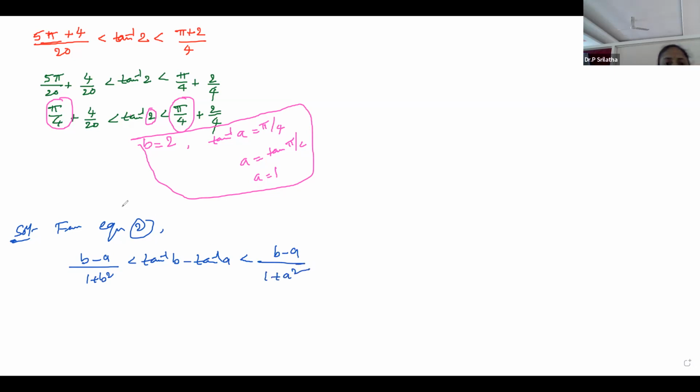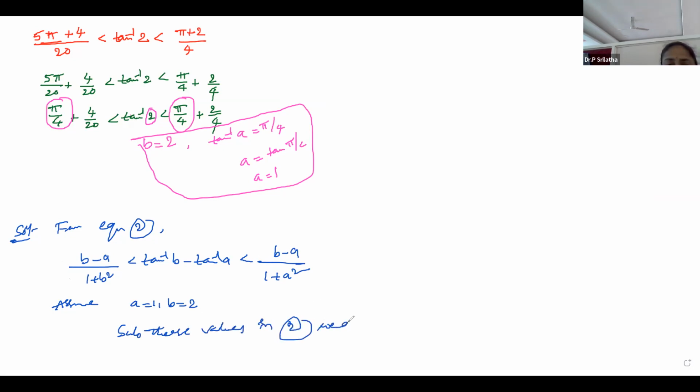Okay. So now consider that A equal to 1 and B equal to 2. Now substitute these values in equation 2.